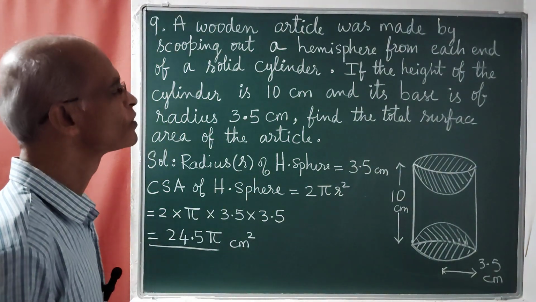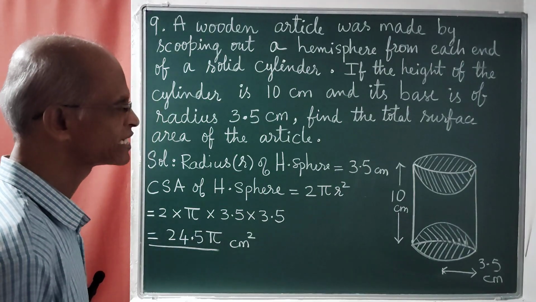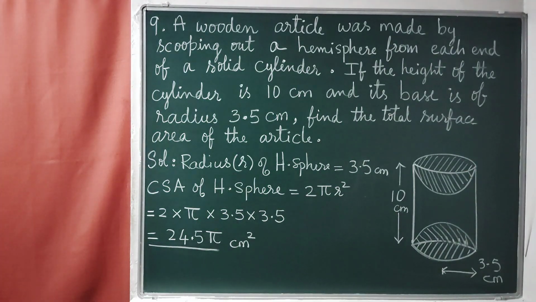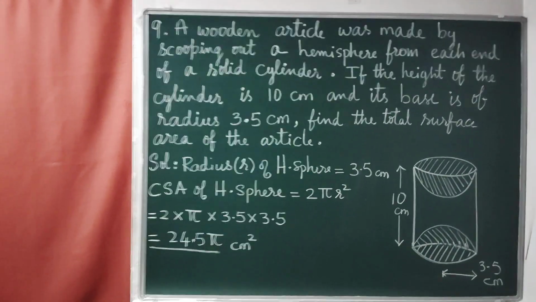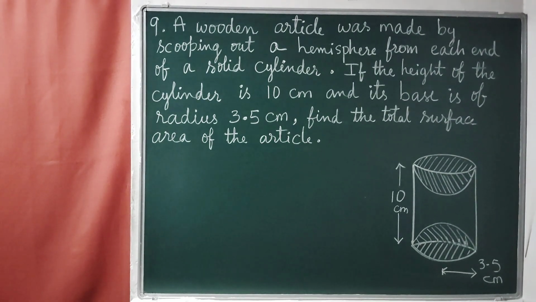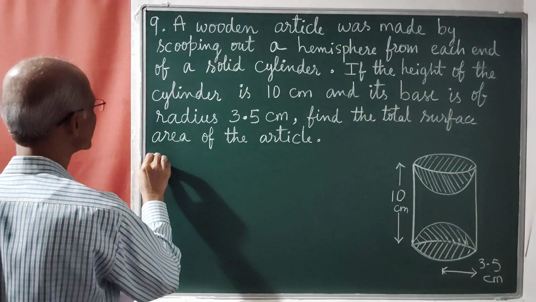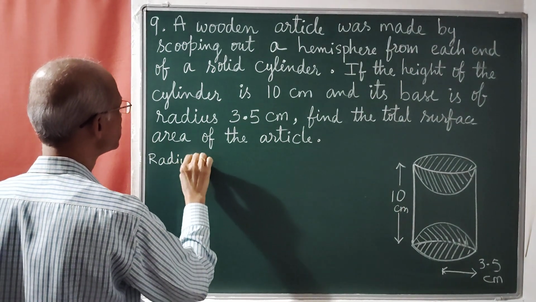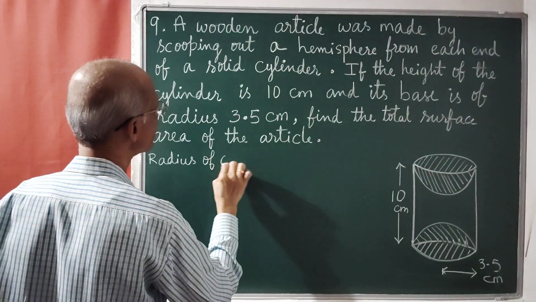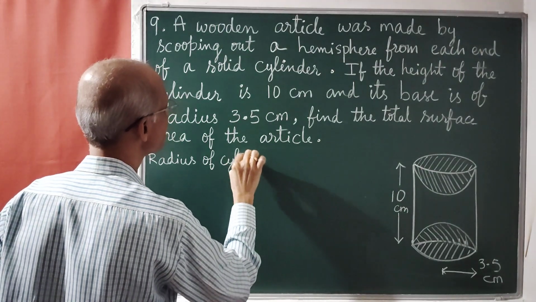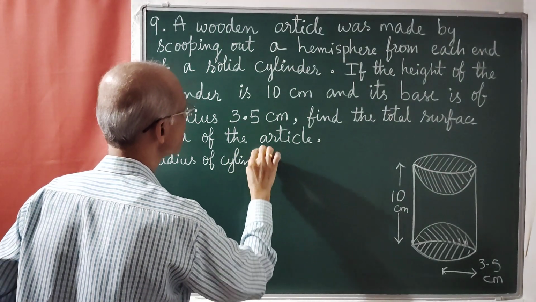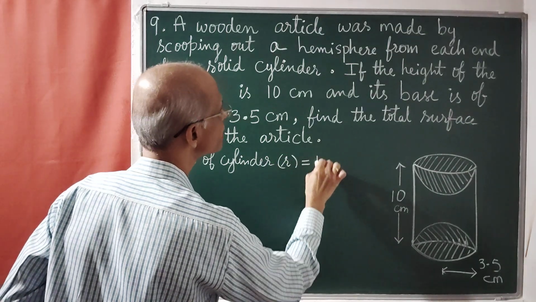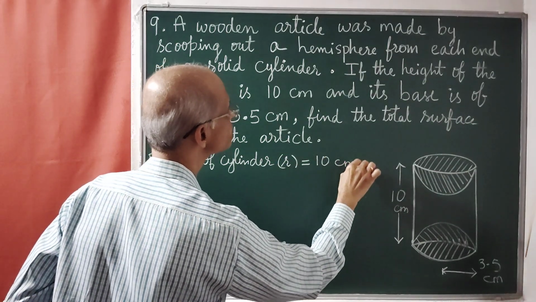Now next we will find out the CSA of the cylinder. Now height of cylinder, h, is equal to 10 centimeters.